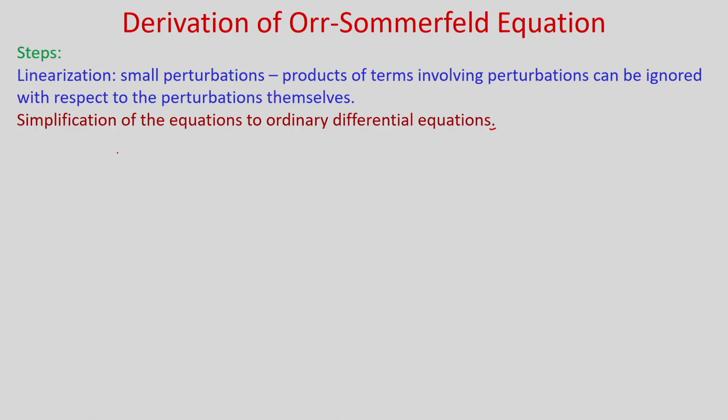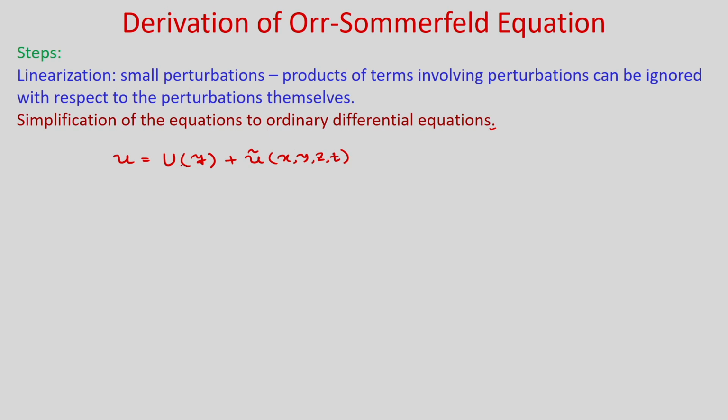So, let us consider this velocity u as the parallel flow U, which is a function of y only, and the disturbance u tilde of x, y, z and t.